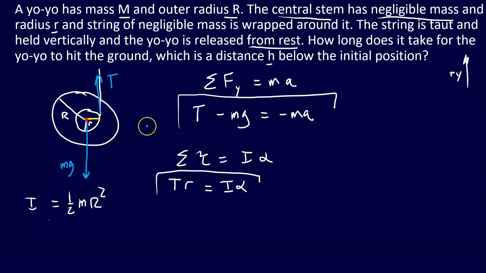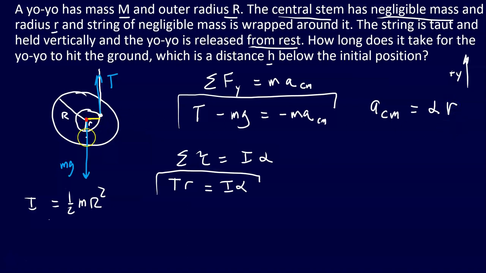I'm going to connect those by looking here at the tension. If you look at this, this yo-yo is essentially rolling without slipping from this point right here. So we can relate the acceleration of the center of mass, which is this acceleration over here, with the angular acceleration times that little tiny r.